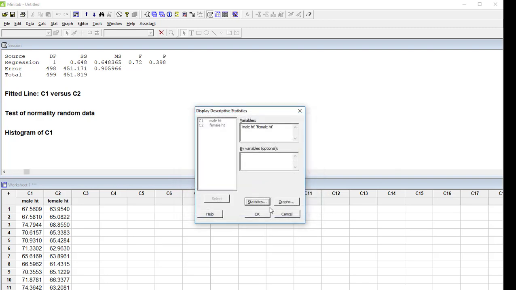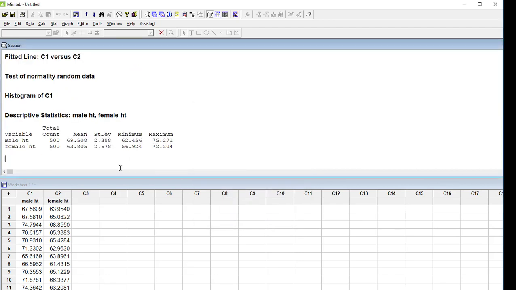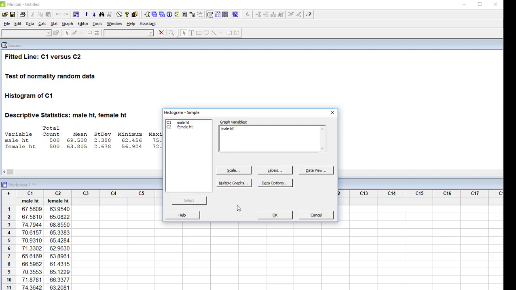And we'll say OK, and OK again, and here are our results. You see that I've got 500 males and 500 females in the data set, so that's a pretty good sized data set. The males tend to be taller. The mean is 69.5 versus 63.8 for females. Standard deviation, the females show more variability.